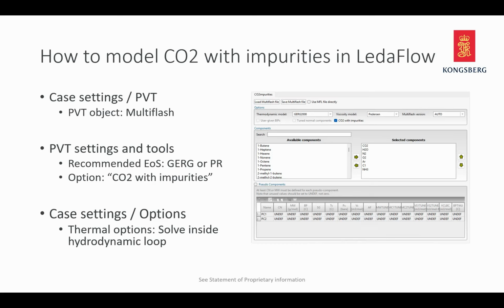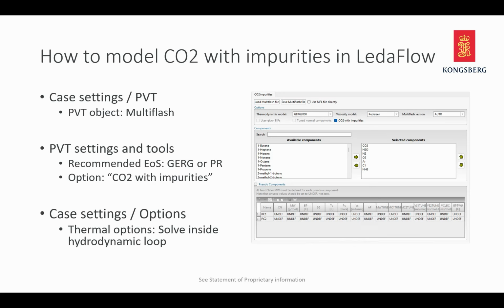And to set up a case for CO2 with impurities, it is very much similar. You also need to have a multi-flash PVT object. You will have, of course, a composition that has more than one component. We recommend you to use either GERG or Peng-Robinson as the equation of state.